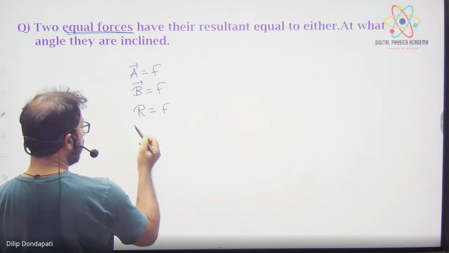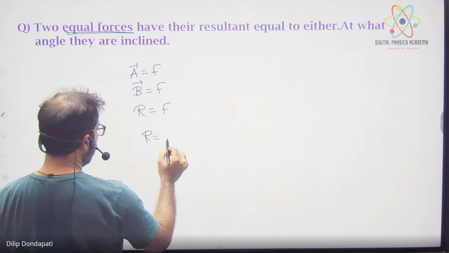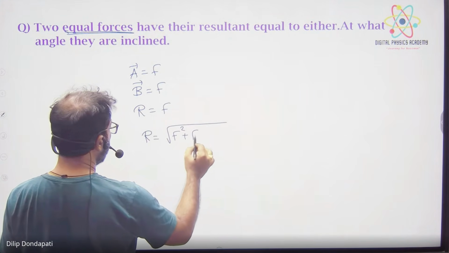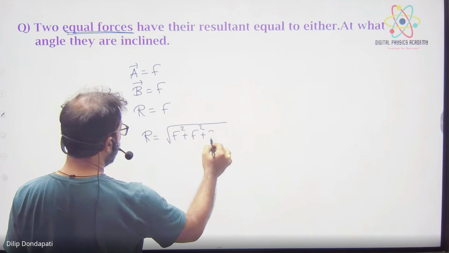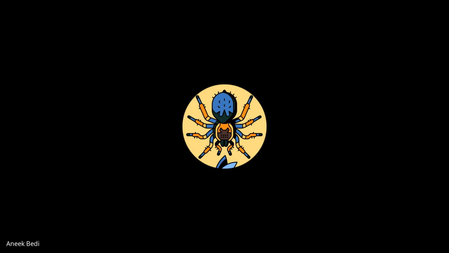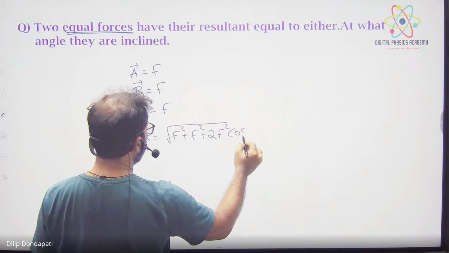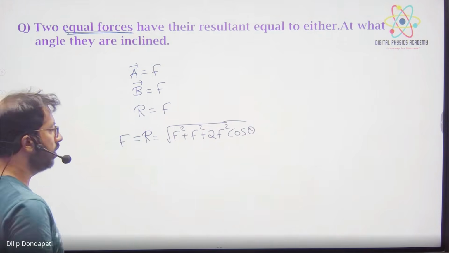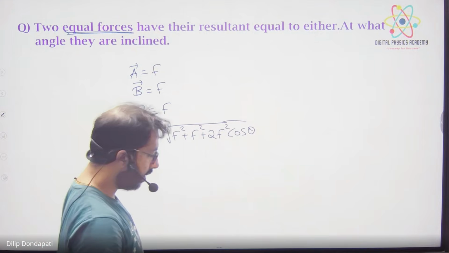So the resultant formula you know, right? R is equal to under root A square plus B square plus 2AB cos theta. 2 into A into B is 2F square cos theta. And R is also F. Now solve, squaring both sides and find the angle.